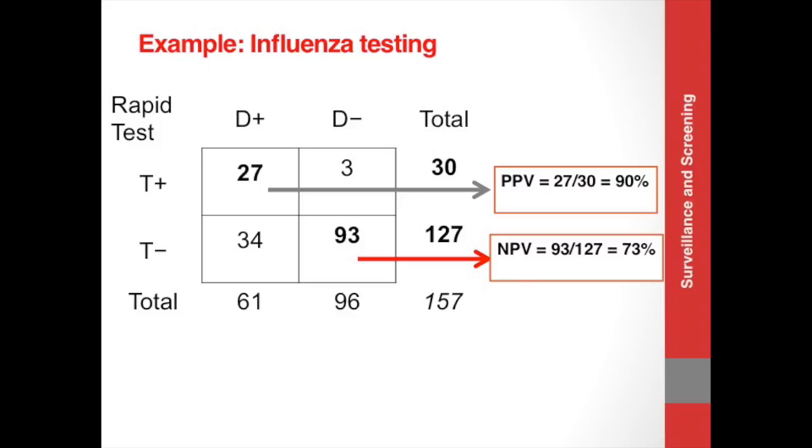On the other hand, there were 127 negative results with the rapid test, and 93 of them were in children who did not have influenza by the gold standard. The negative predictive value of the test was 73%, indicating that 73% of children with a negative screening test truly do not have the disease.